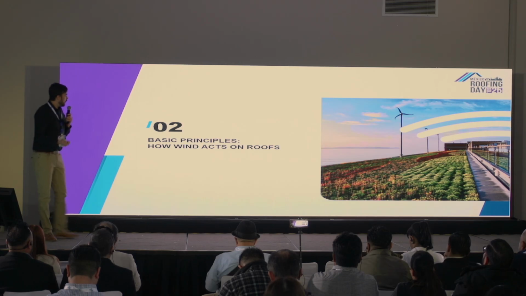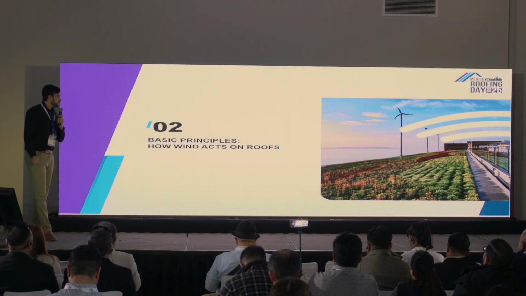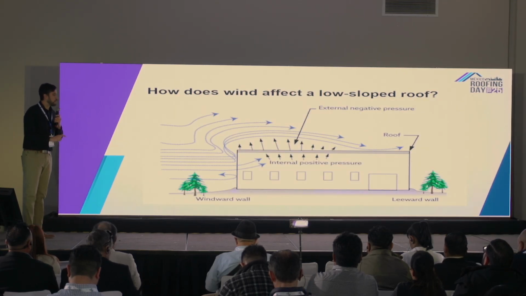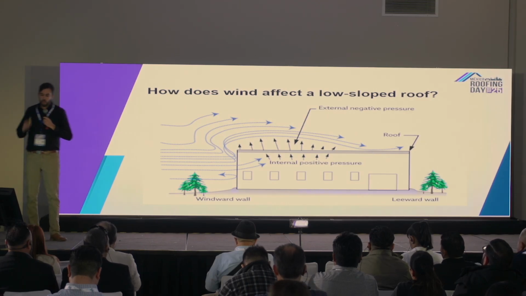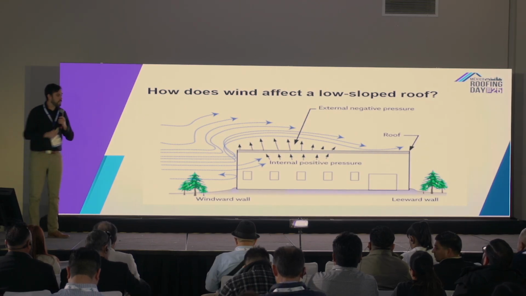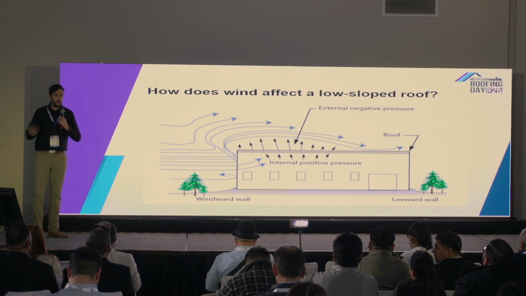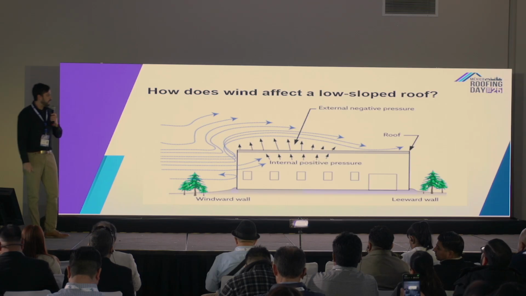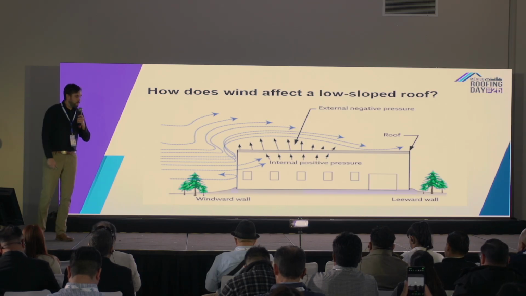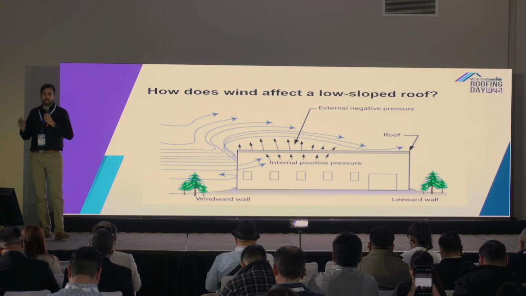So, the basic principle. You saw this picture, I believe, in every presentation. What I want to do now is explain how it comes to be, because looking at all those arrows, it doesn't really mean a thing. Let's think about the building as a plane.